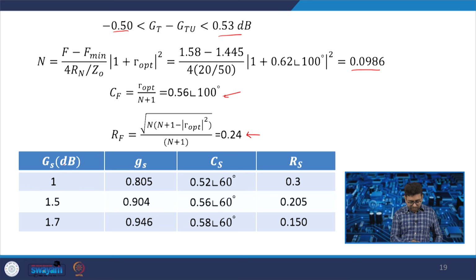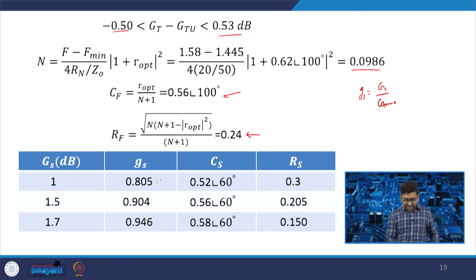So, we will plot the different gain circles for gain of 1, gain of 1.5, gain of 1.7, and it will give accordingly 0.805, 0.904 GS. So, GS is nothing but the desired value of gain GS by G max, GS max.